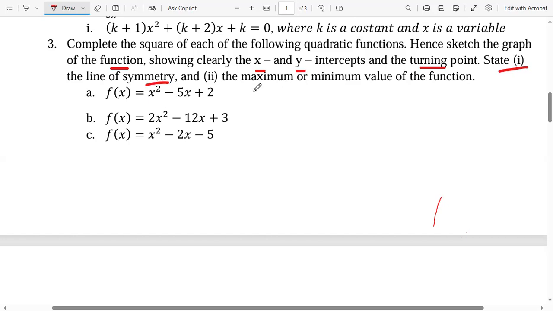I'm going to pick one example here, let's say the first one. On A, I have x squared minus 5x plus 2. So let's complete the square on this and then sketch.